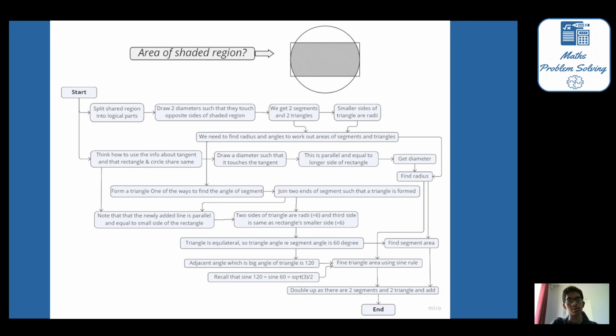We recall that sine 120 equals sine 60, which equals root 3 by 2. Used the area sine rule to work out the area of that triangle. Now, we knew that the angle of the sector was 180 degrees minus theta, which is 60 degrees. Therefore, we just used 60 degrees times pi r squared divided by 360 degrees to work out the area of one of the sectors. Multiply both of them by 2, and we got our final answer.